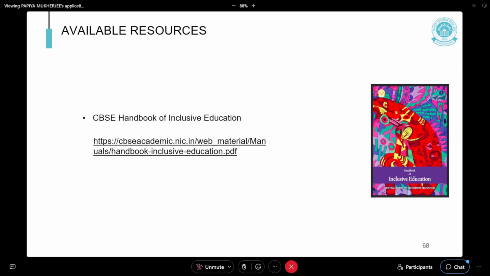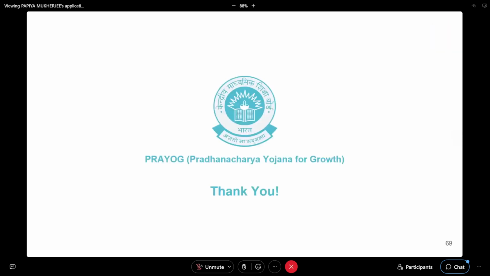And this is a beautiful document which talks about how inclusion can be brought into the school. With this, I come to the end of this.